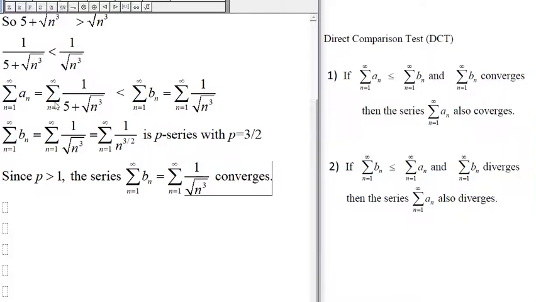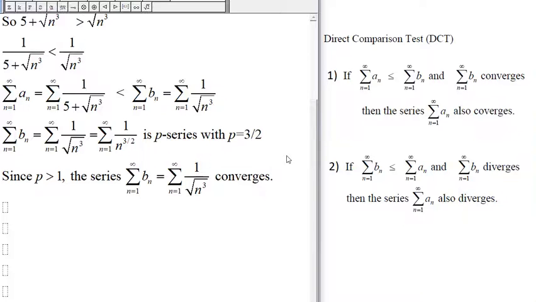And so we have shown that the series of A sub n is less than the series of B sub n.